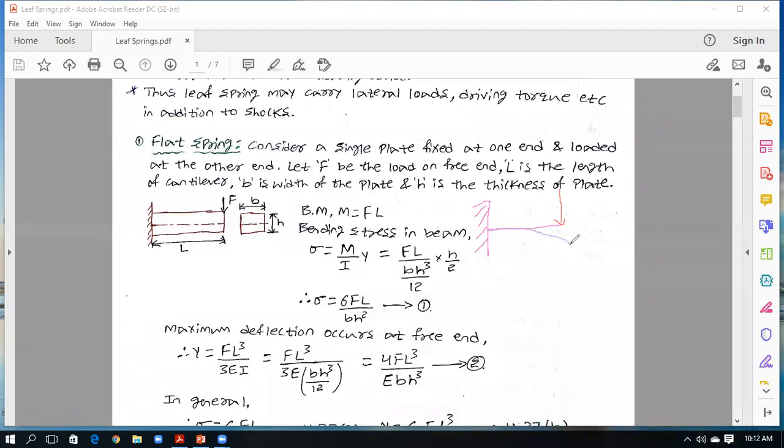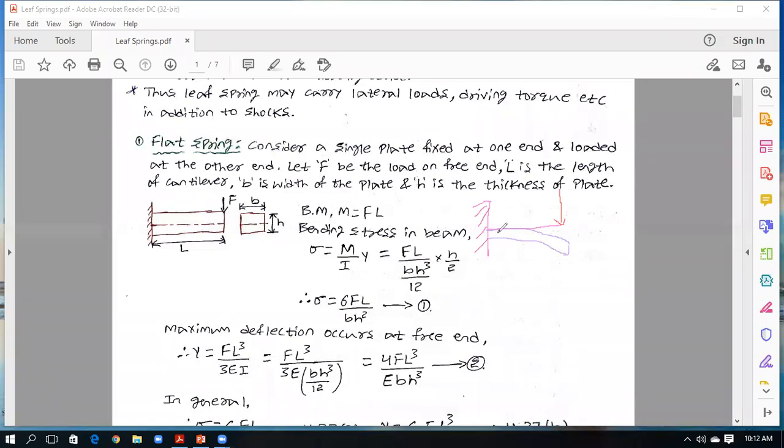This is the deflection. Here you can see the top fiber; otherwise I will show it like this, and you will get a clear picture. This is the cantilever beam which is subjected to loading. After that, the beam will bend in this shape.